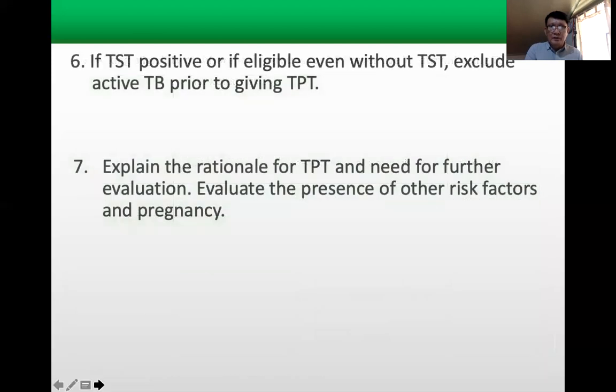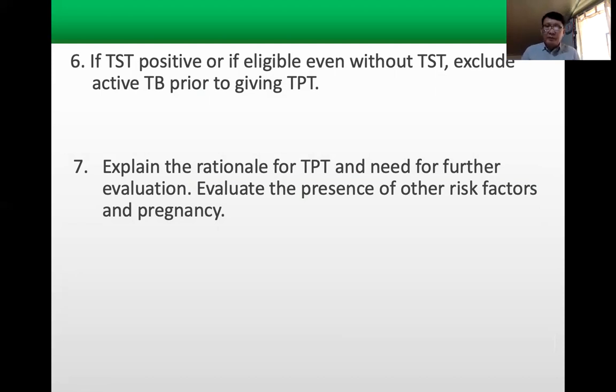Let's continue. If TST positive or if eligible even without TST, exclude active TB prior to giving TPT. So if TST is positive or if eligible even without TST, you just have to exclude active TB prior to giving TPT.